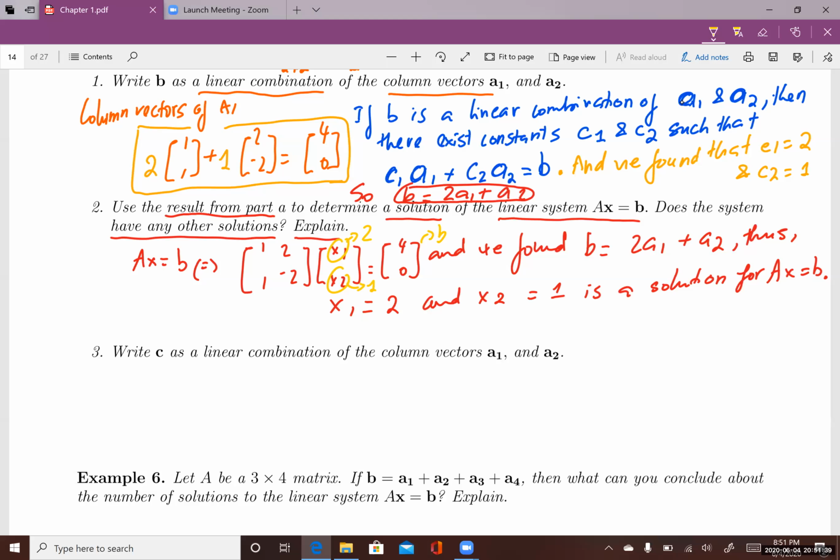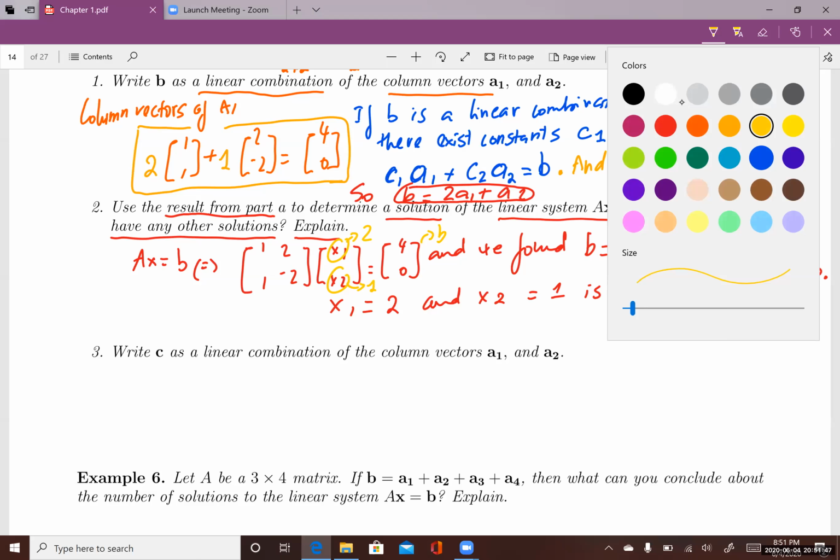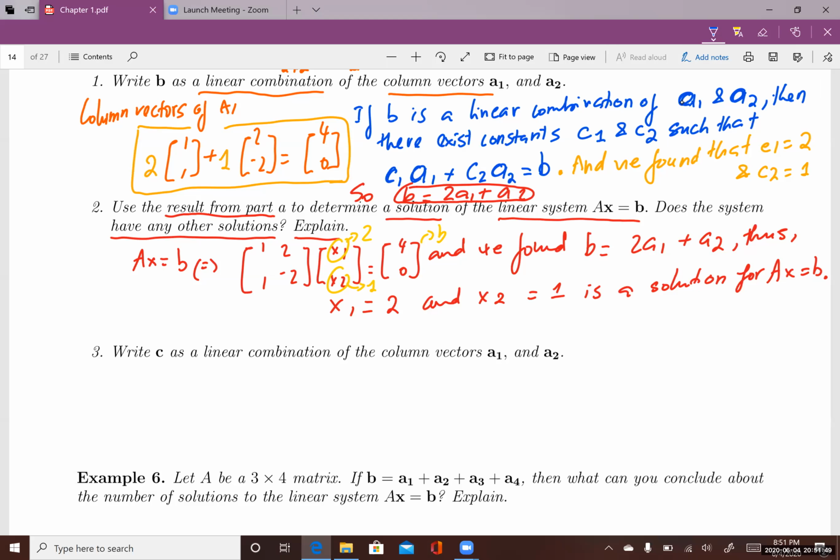In order to answer the question, does the system have any other solutions, we can try to find the row reduced echelon form of the matrix A. So if A, again, equals 1, 1, 2, negative 2, and you reduce this, that means you want to make this equal to 0.